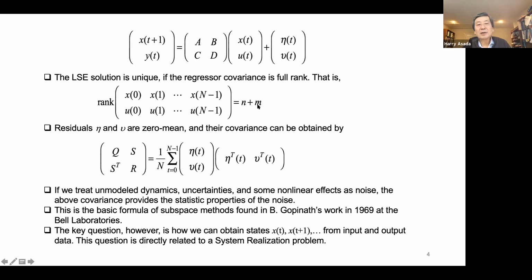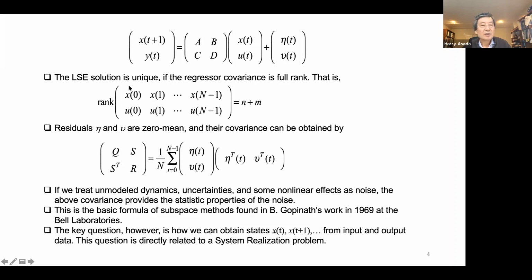So the condition to support that is that when you write the regressors, the first one, the second one, up to the data point N minus 1, in this matrix, it's basically an n-dimensional vector x and then an m-dimensional input vector u all put together. If this one is full rank, capital N is sufficiently large, so you have many data.